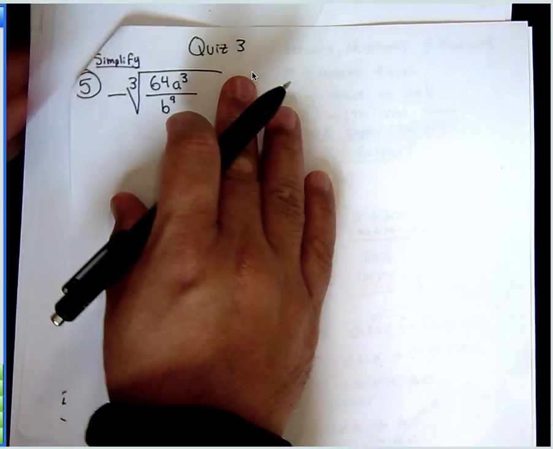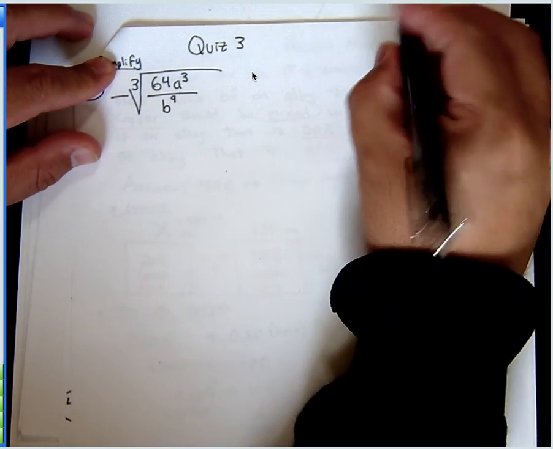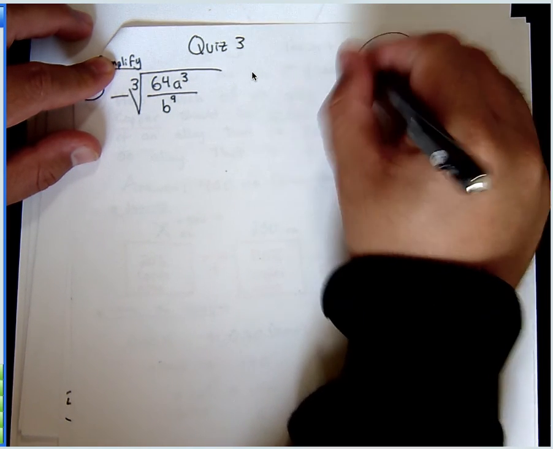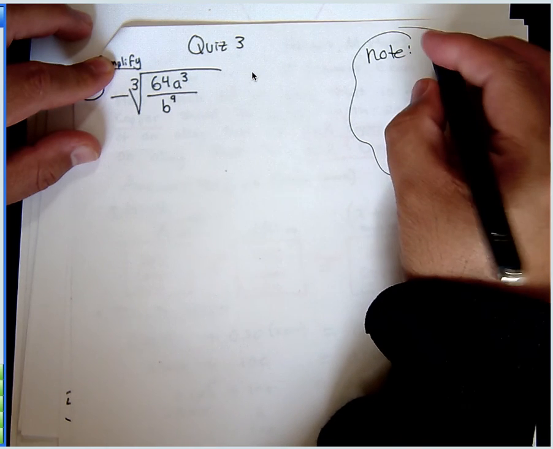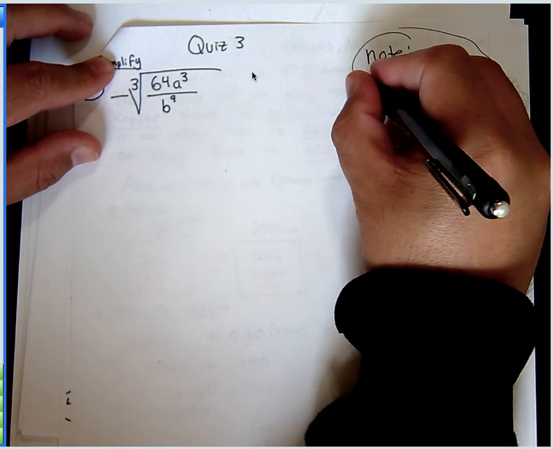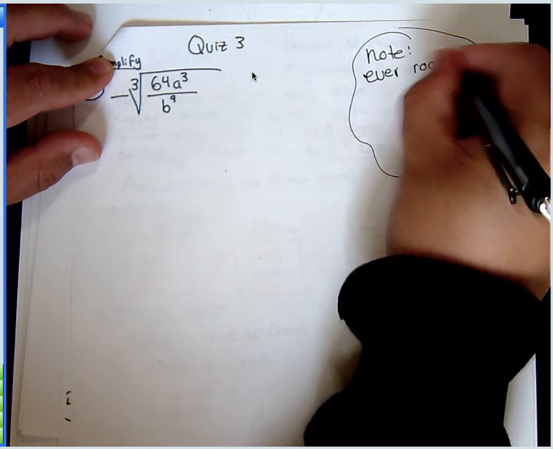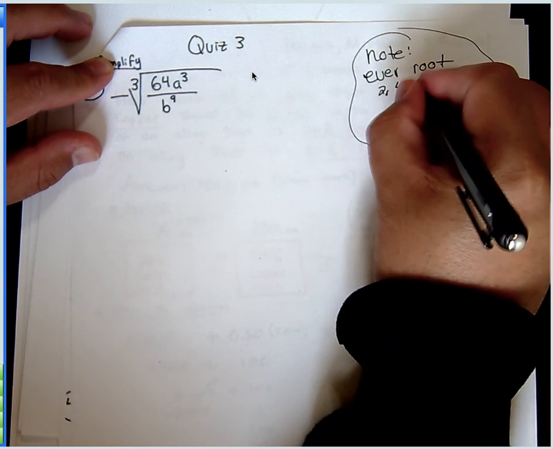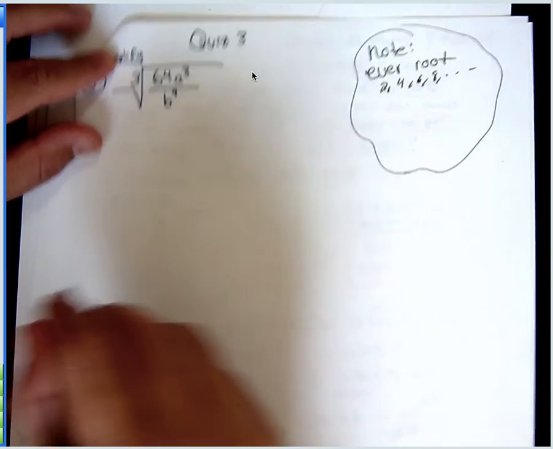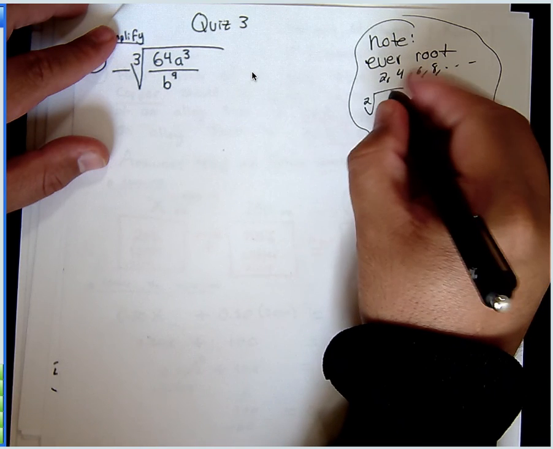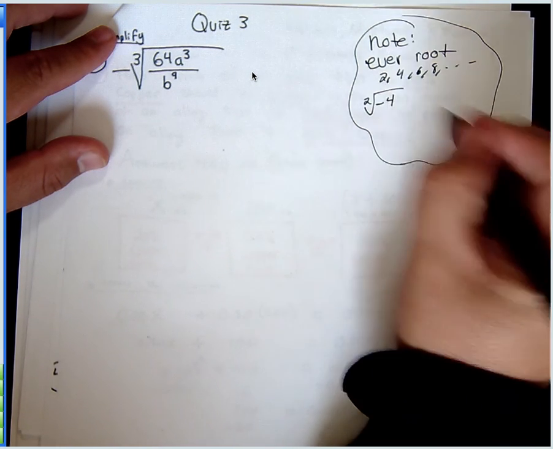This is to do with radicals. Let me write a note here. This is a reminder. When you have even roots, meaning 2, 4, 6, 8, and so on to infinity, for example, the square root of -4.